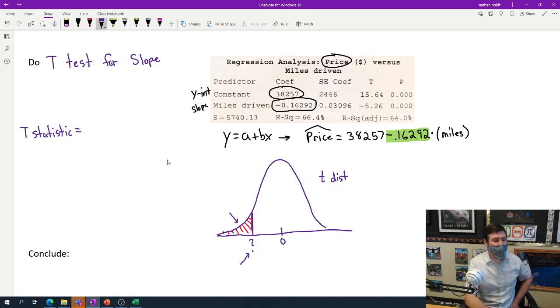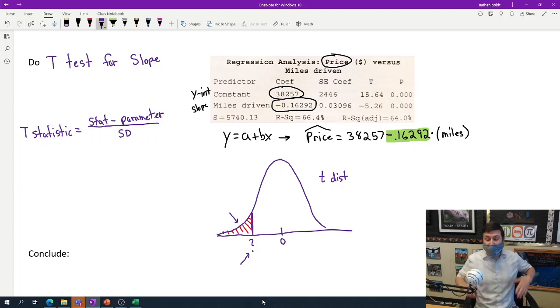First, our t statistic. Remember, it's always your statistic minus your parameter, divided by the standard deviation. It's a z-score essentially. We're finding how many standard deviations away this slope that we got is. In this context, our statistic is a slope.